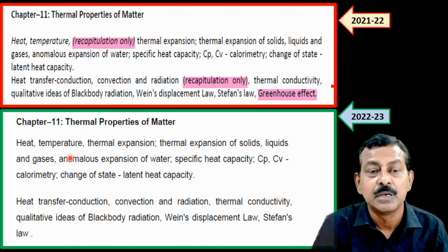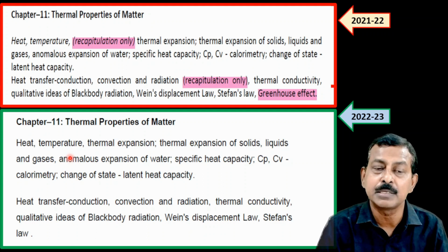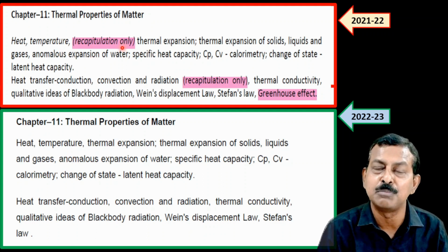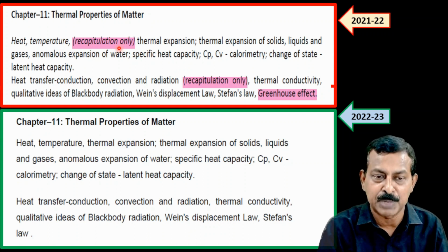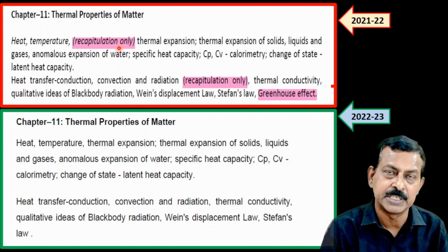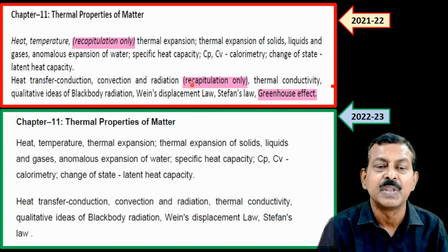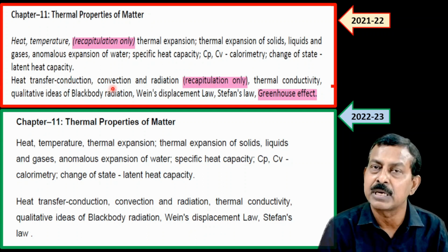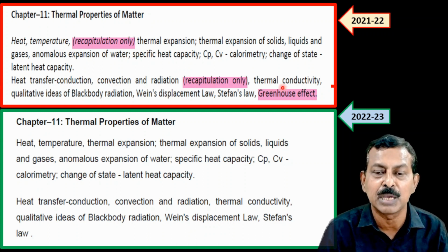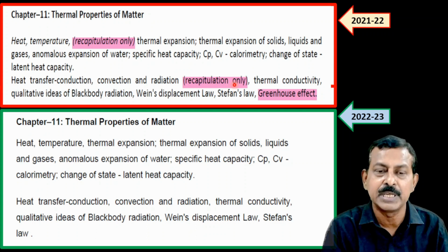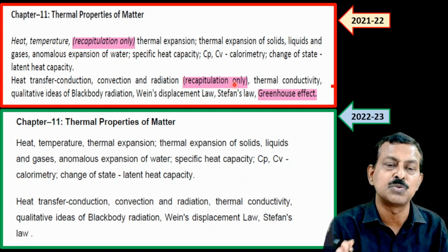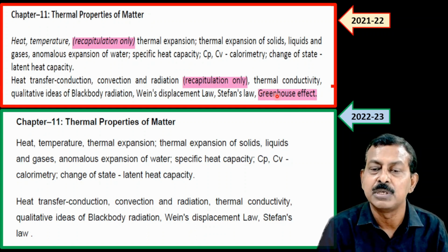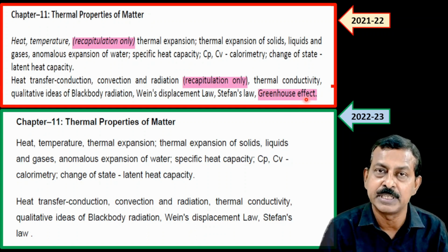If you now see thermal properties of matter, earlier heat and temperature was only recapitulation. Now this recapitulation part is not there. You have to do the detailed study of that. Similarly, heat transfer, conduction, convection and radiation, recapitulation was there. Now it is not there. You have to read this in detail. Of course, greenhouse effect is now deleted. So this part is not there.